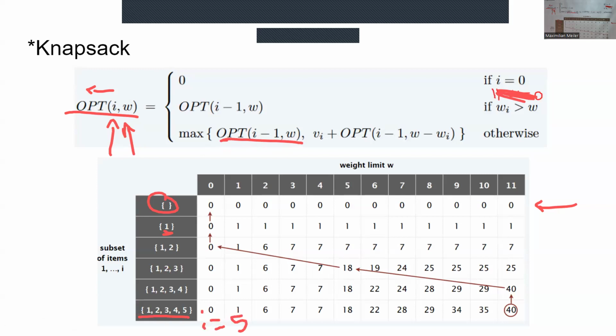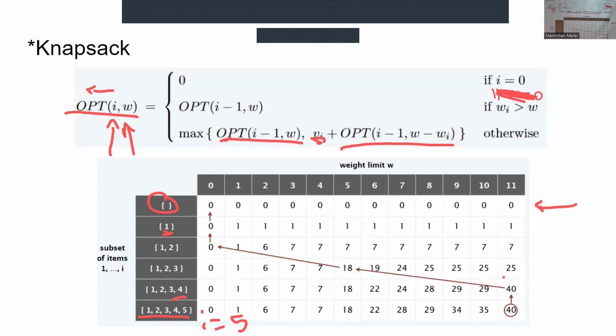We can choose to not take the item, thereby just going to the i equals 4 case instead. Or we can choose to take the item, adding its value to our total, but also subtracting its weight from what we can carry. So that's represented here, right?